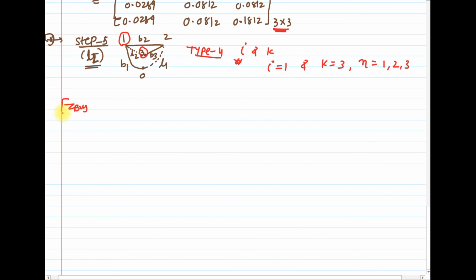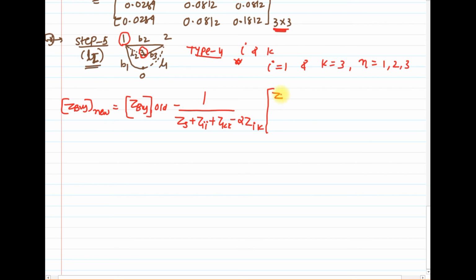Z bus new is equal to Z bus old minus 1 divided by the diagonal element, which is zs plus zii plus zkk minus 2 times zik, into the column vector, which is z1i minus z1k, z2i minus z2k and z3i minus z3k.